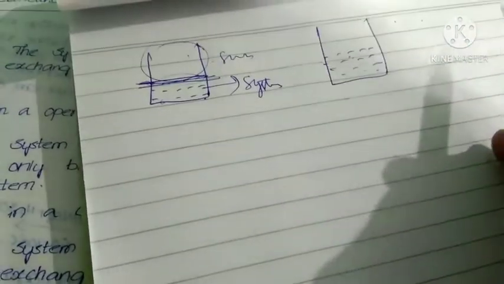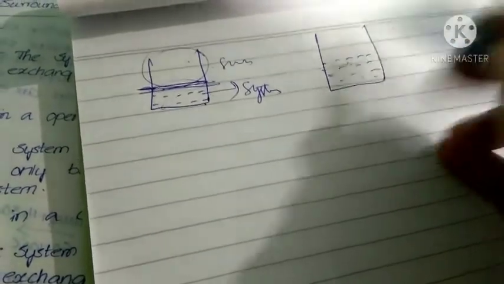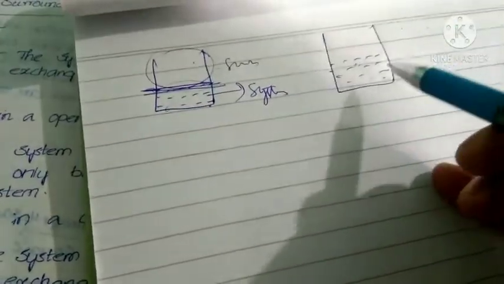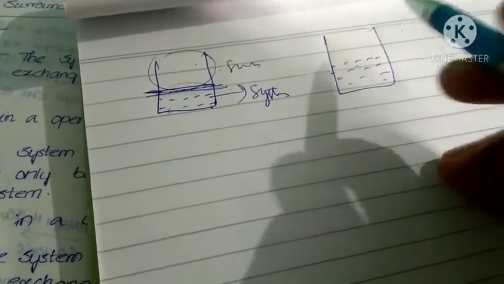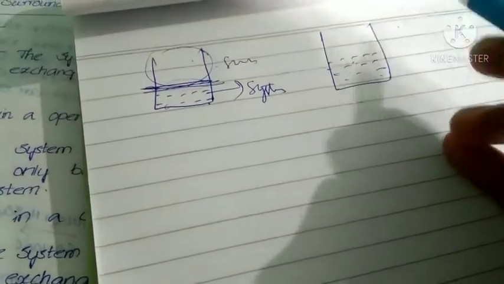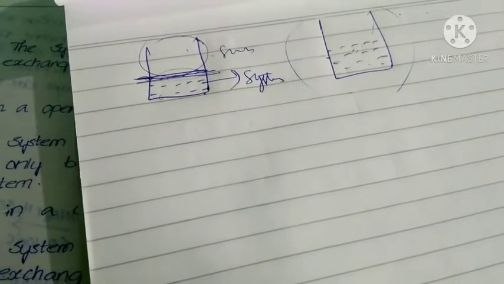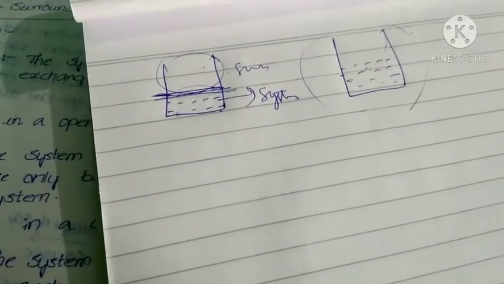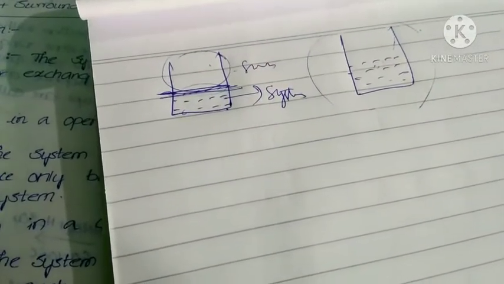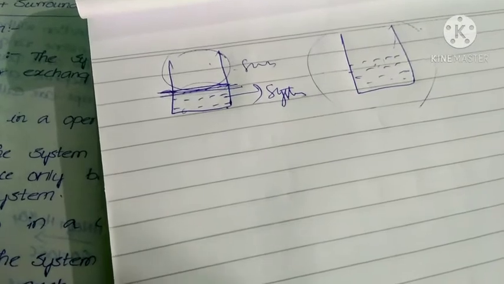And why does mass exchange take place? Due to heat. That means heat also exchanges with the surroundings. So this is the best example for open system. So what is the definition of open system? The system in which both matter and heat exchange.